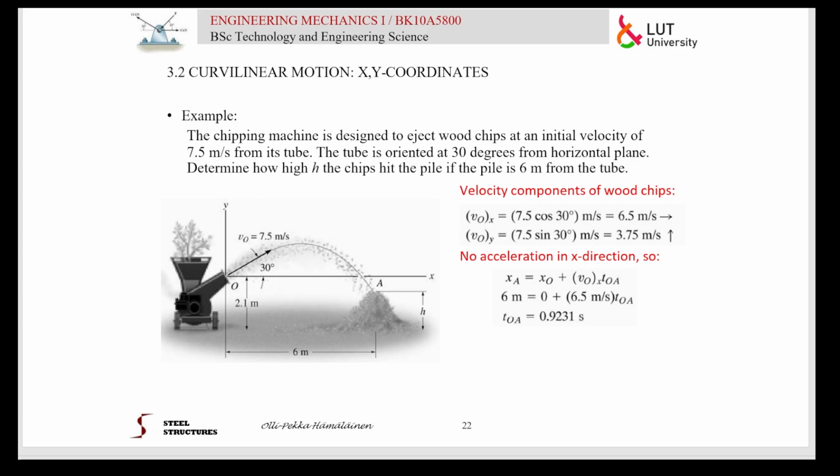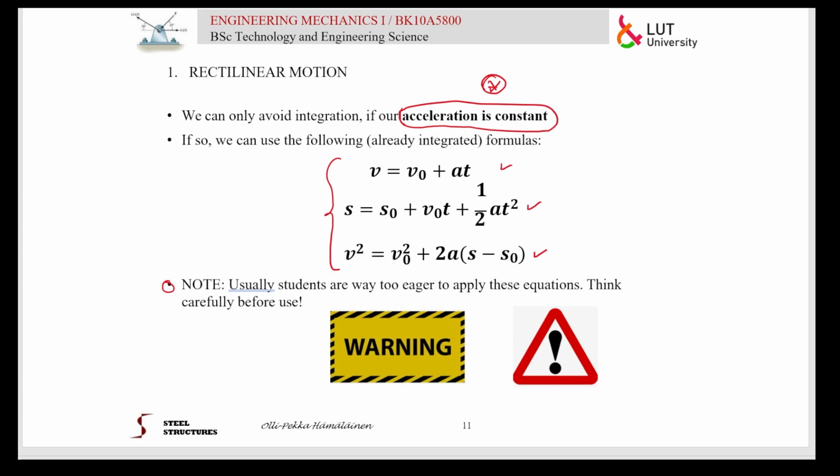Let me see if I can find it. Where are they? Here it is. Here I have one in the position, meaning that, for example, if the acceleration is zero, this term would be zero, and then it would make sense to apply this. Then I have time.